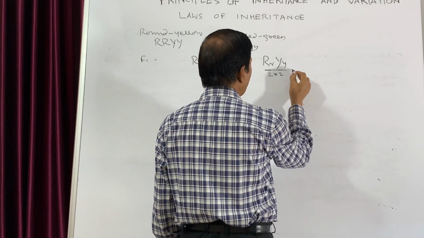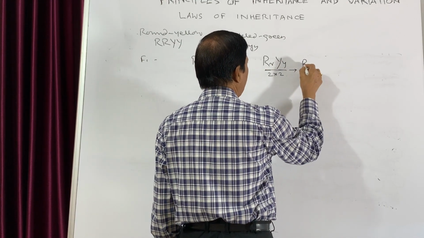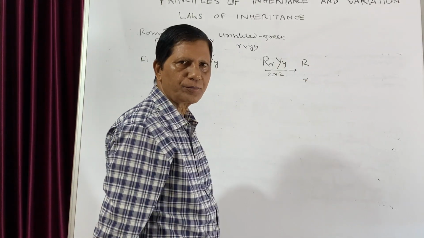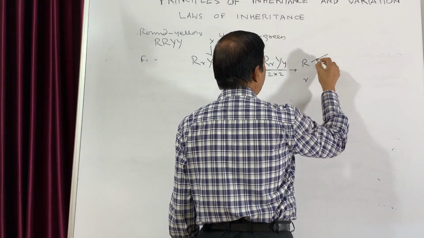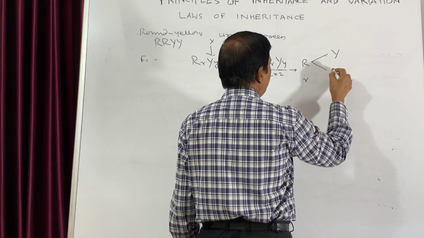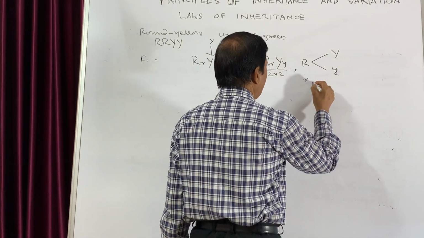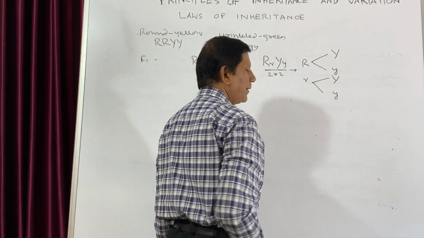You apply dichotomous branching. First you take R. That means one gamete will be capital R, the other will be small r. Then this capital R can combine with capital Y and with small y. This small r can combine with capital Y and also small y.